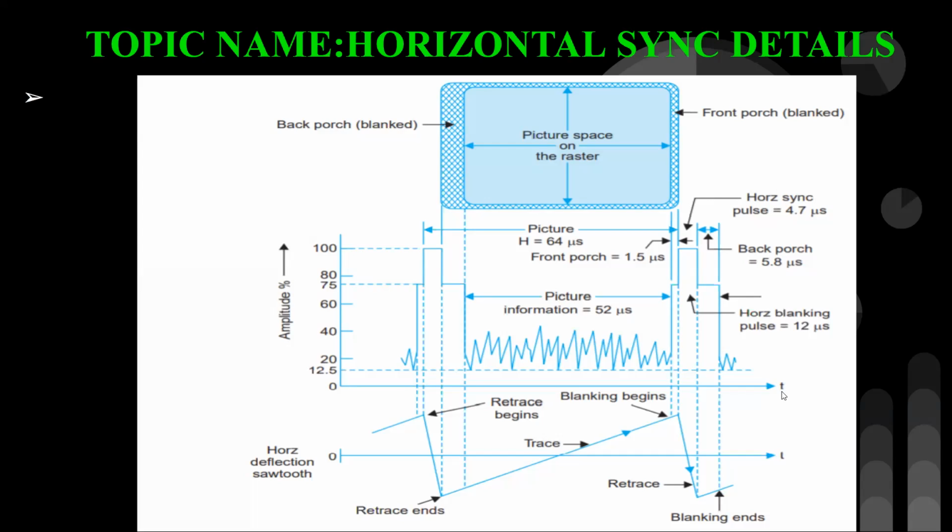So in the 625 line system, 2.5 line periods are allotted for the vertical synchronization pulse. The vertical pulse commences at the end of the first half.